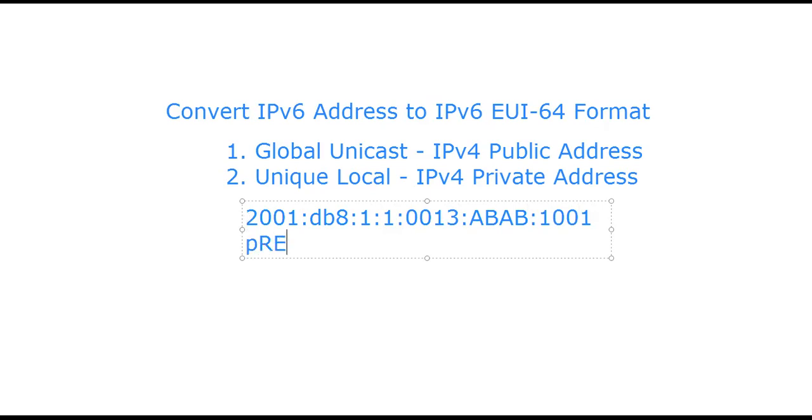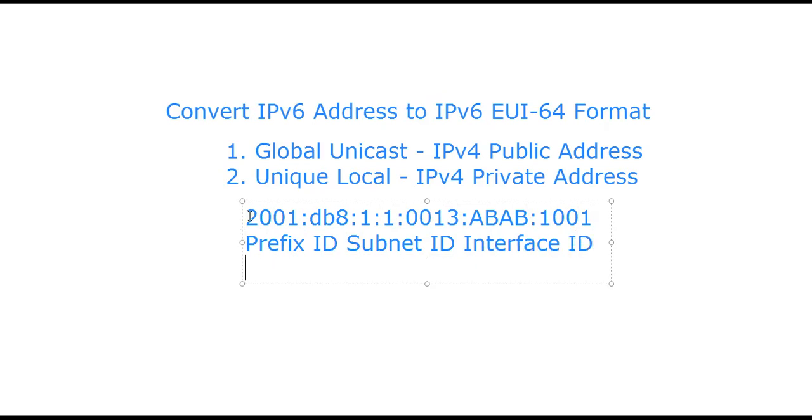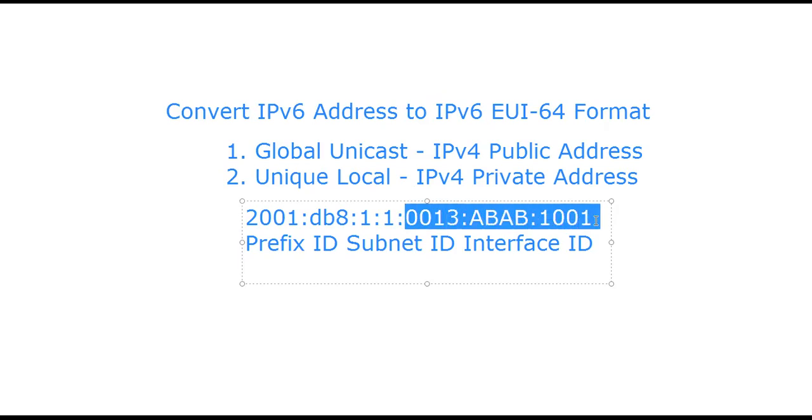First is referred to as prefix ID, second is subnet ID, and the third one is interface ID. So the first part, these 48 bits, is known as prefix ID, and this single one in this IPv6 address is the subnet ID. And the rest of this is a MAC address, or we can call it interface ID.